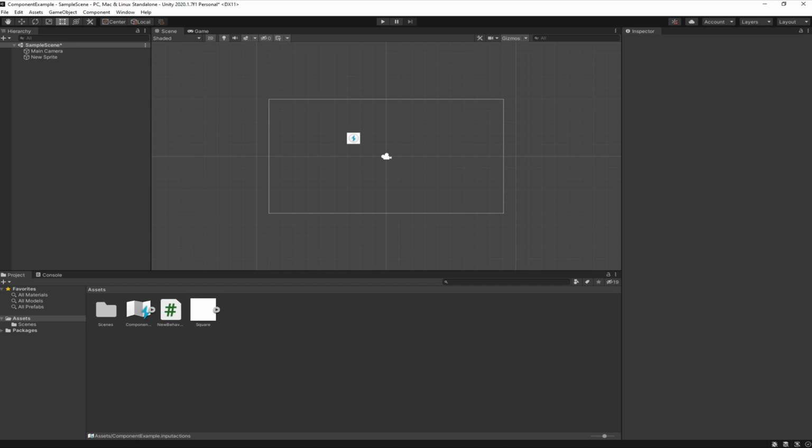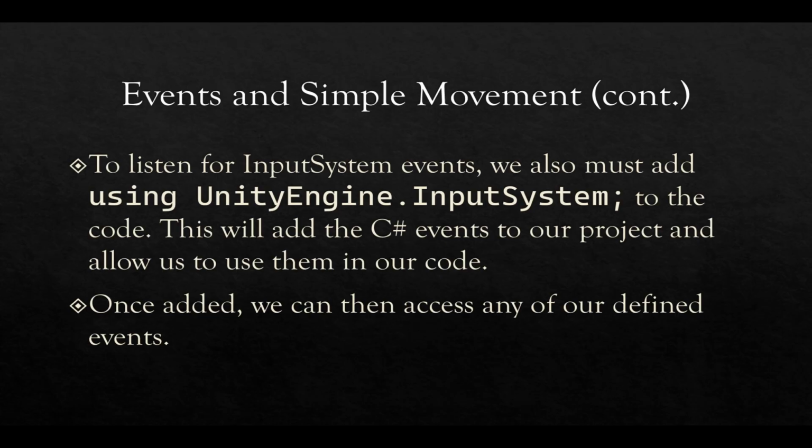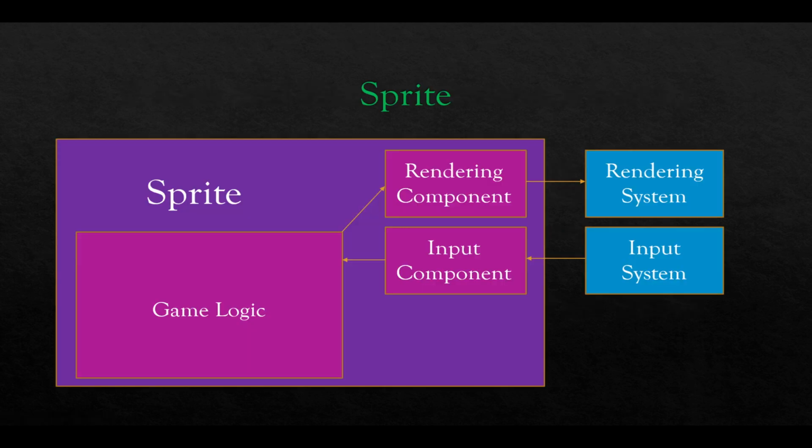This comes back all the way to the loop we generated, and I will pull that up one last time as I close it out, where we are finally now: the input system generates a thing, our input component talks to it, talks to the game logic, which talks to the rendering component, changing its transform values, which talks to the rendering system and changes on the screen.